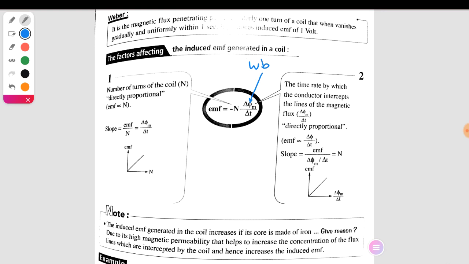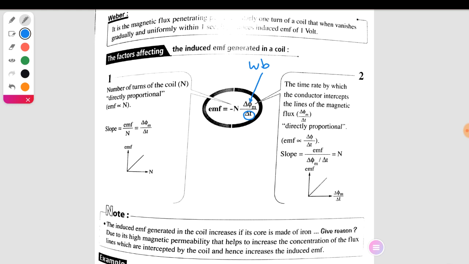Weber is the magnetic flux passing normally through the coil when it vanishes in time 1 second, producing an induced EMF of 1 volt. This is the meaning of Weber.